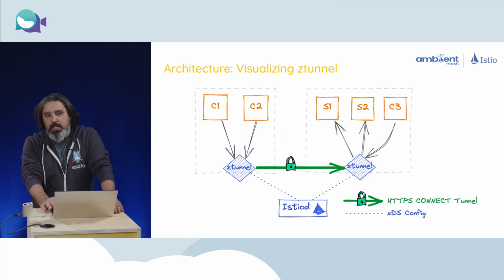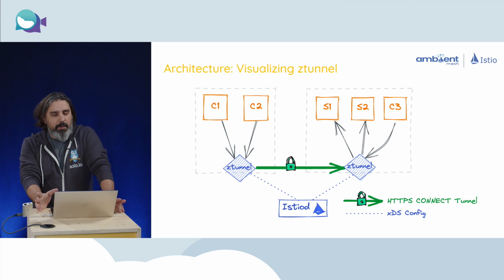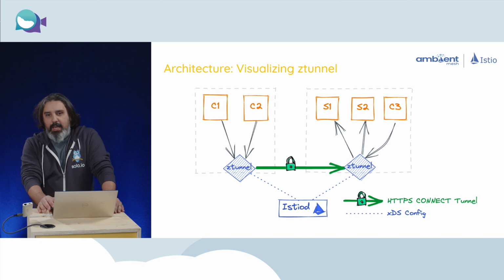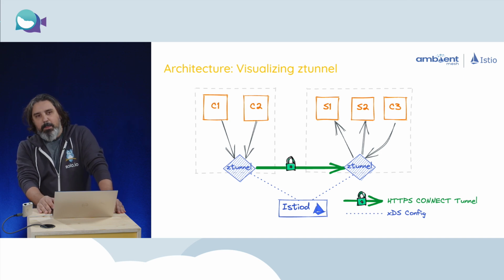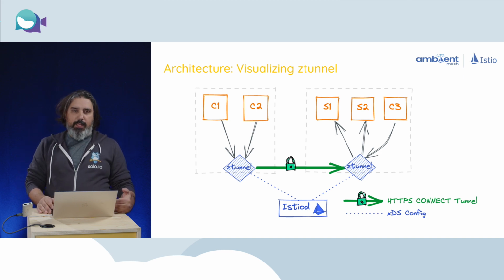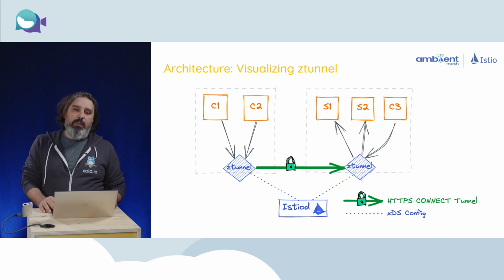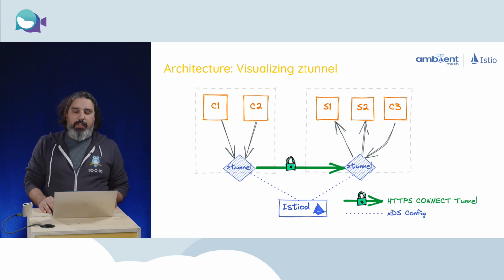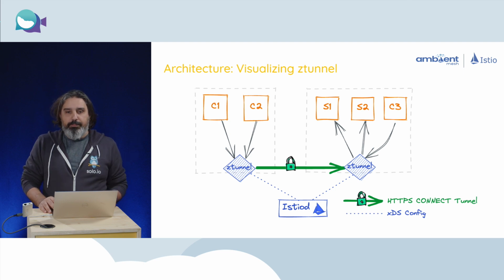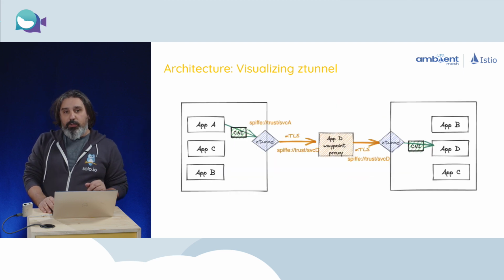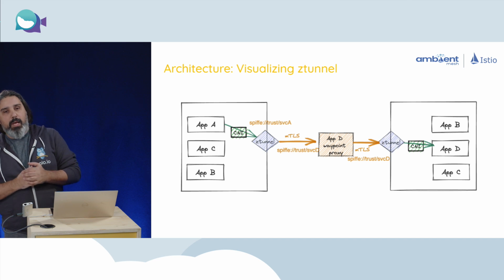So this Istiod is still configuring the zTunnels and configuring the certificates, making sure that things are running smoothly, and of course the zTunnel is aware of which workloads need to be forwarded through the proxies, and that's how it works. And we'll talk about what this tunnel is and how it looks.